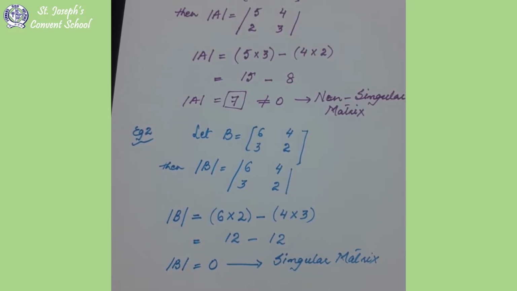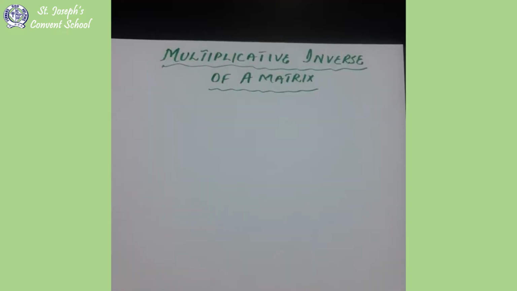Okay. Now next we will do multiplicative inverse. In multiplicative inverse we will find the determinant, and if the determinant is equal to 0, then you cannot find the multiplicative inverse, and if the determinant is not equal to 0, then only you can find the multiplicative inverse. So the important topic, multiplicative inverse.